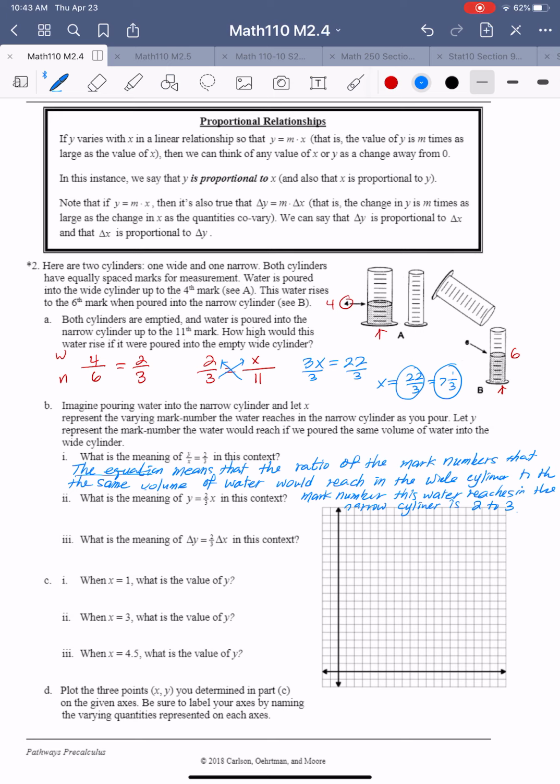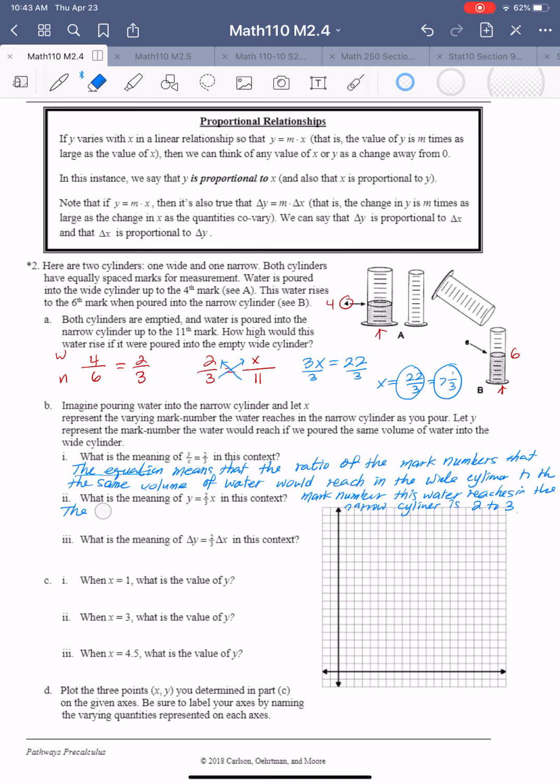And then number 2, what is the meaning of y equal to 2/3 of x? This is also the equation, but the volume, no, sorry, it's going to be mark number. What am I talking about?